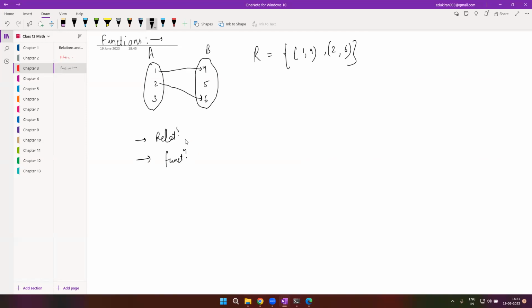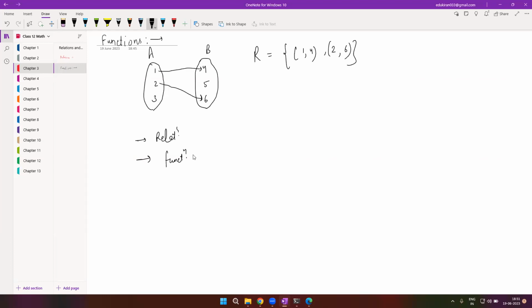Now, what I'm saying is, whenever you connect two sets, there has to be a relation between them. But it is not necessary that they are connected by the rules of function also. So whenever we connect two sets, a relation has already been formed. If you're connecting two sets, then a relation has been formed. Now you have to check whether that relation can be called as function or not.